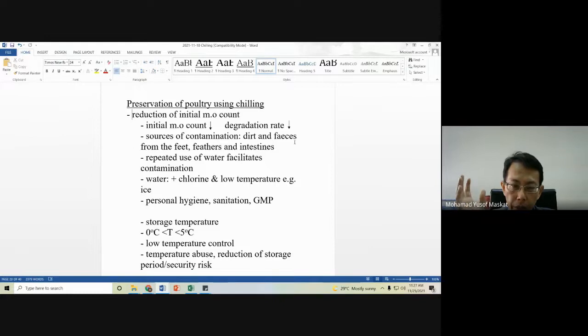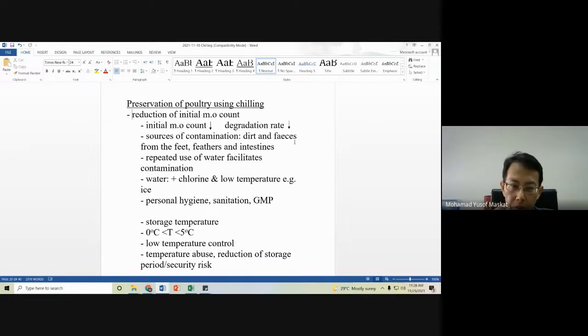For example, if one of the chickens is contaminated due to rupture of the intestines, then when it is put into the water bath, it can contaminate the water bath and also the other chickens. That is what is meant by repeated use of water facilitates contamination.